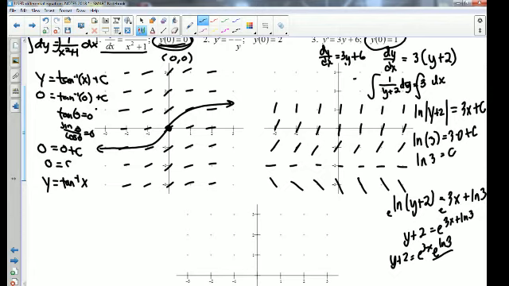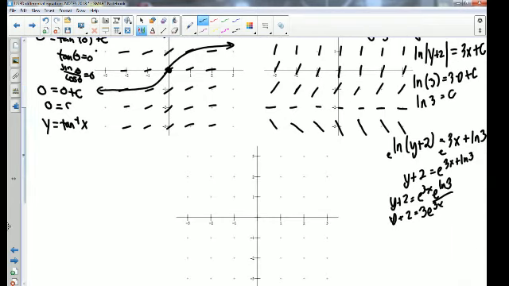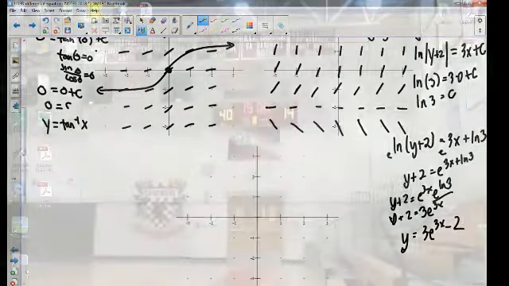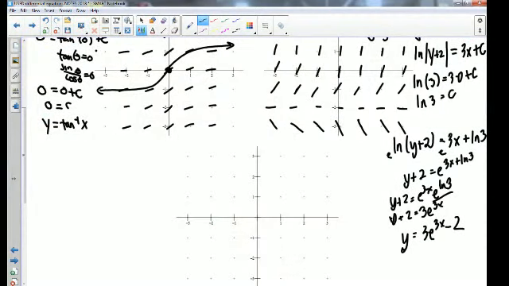Okay, y plus 2 equals 3 e to the 3x. And then subtract your 2. That's the only real place you have to be careful.